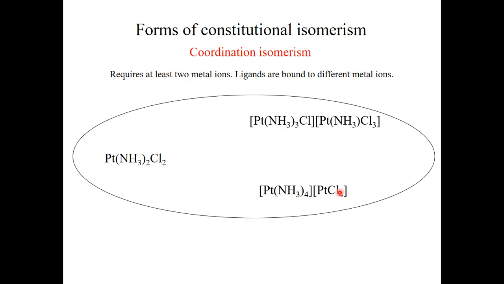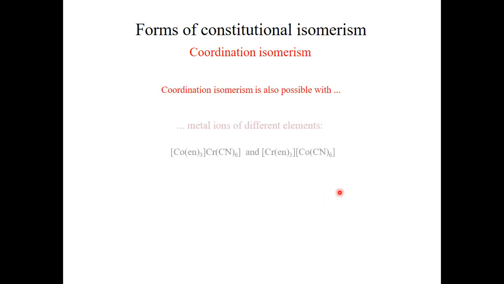Okay, so we can have coordination isomerism in different variations, and I'm just mentioning a couple of those. So for instance, we can have metal ions of different elements. In the previous example, the elements were the same. They were both platinum, but you can also have different elements. In this example here, it's cobalt, chromium.